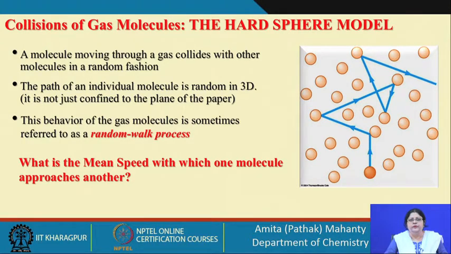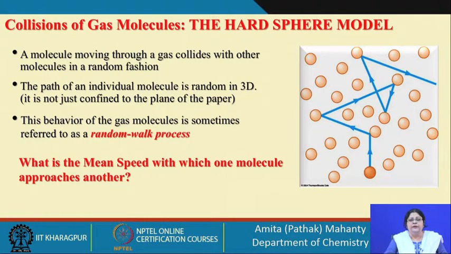In other words, when they collide. That is what we are looking into today: the collisions of gas molecules. When two gas molecules are approaching each other, we should look into the mean speed with which they are approaching each other, and whether it is the same as the mean speed we calculated previously or something different.